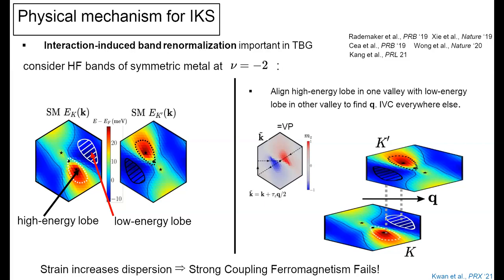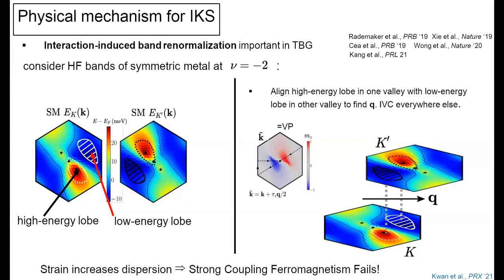I'm going to plot the energy in the Brillouin zone, which has now been renormalized by all sorts of interactions and other effects. Now, this band has some shape. It has a high energy lobe here and a low energy lobe here, and this time reversal partner over here will have exactly the opposite: high energy lobe here, low energy lobe over here.